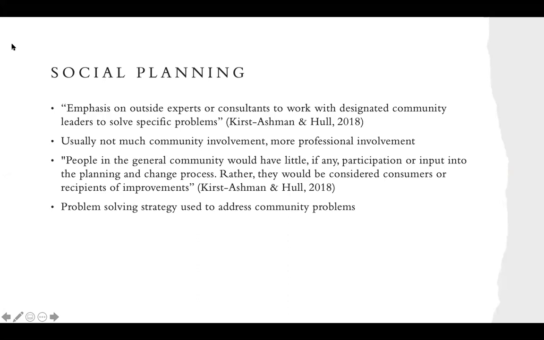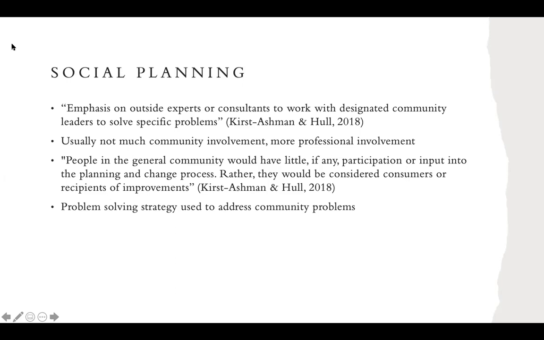Social planning doesn't have a whole lot of input from community members, and that is what makes it unique from the other models of macro social work practice. These are usually just things that the community wouldn't be very interested in.